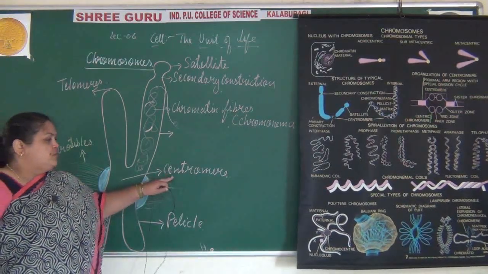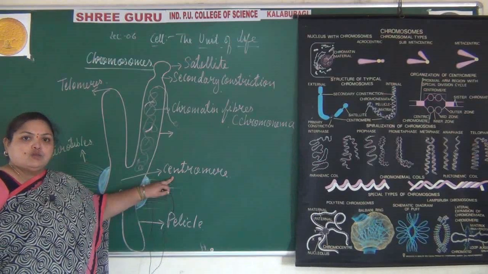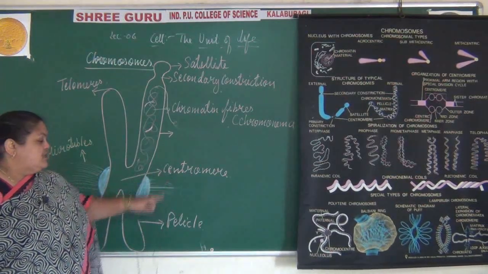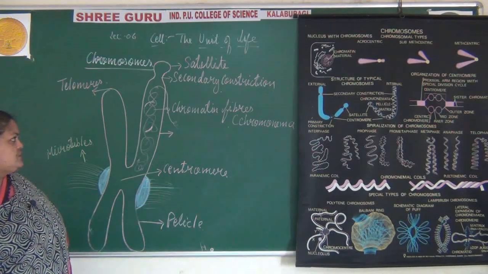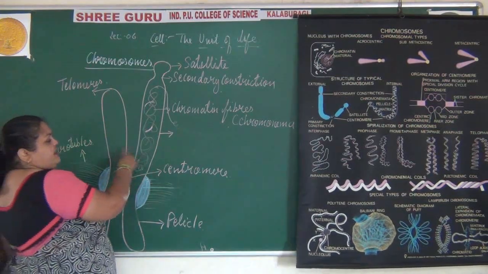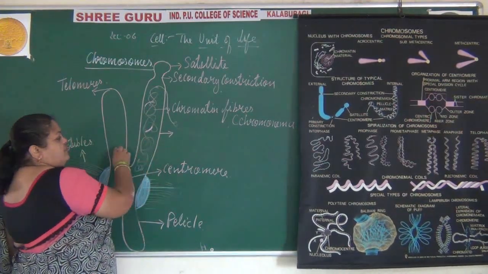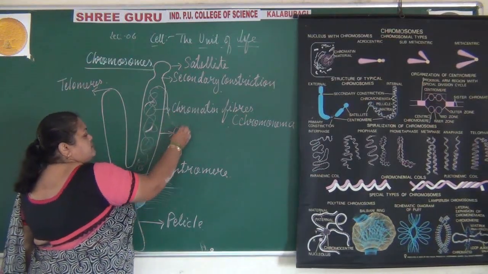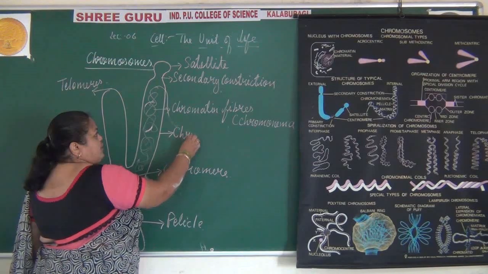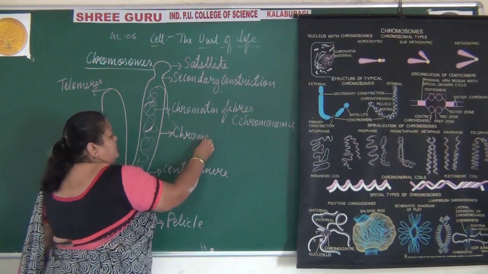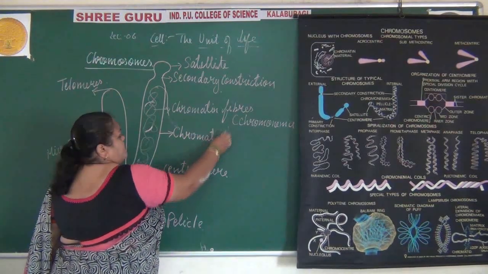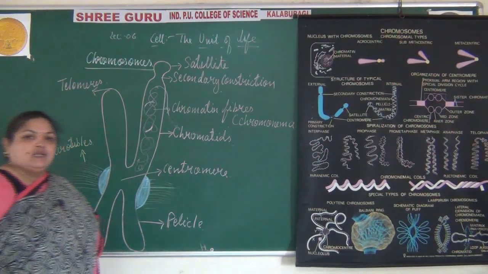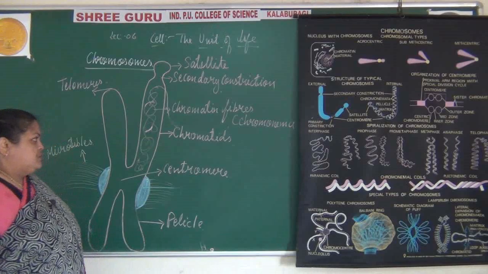Based on the position of the centromere, the chromosomes are divided into 4 types. So, once again we will go through the structures. Each chromosome has rod-like structures, commonly known as arms, which are called chromatids.